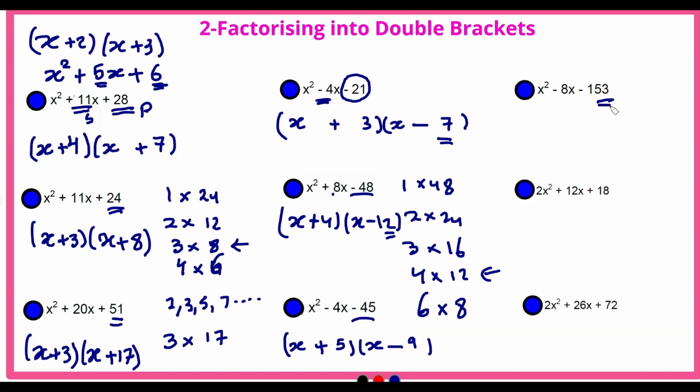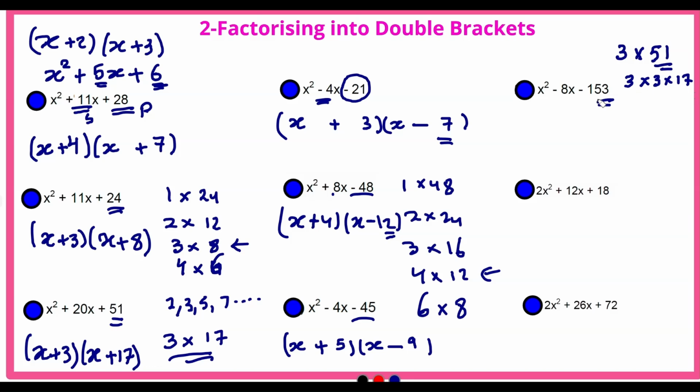This is a very large number. How can I do that? Same thing, I need to use a prime number. If I divide by 2, it's going to give me a decimal. But if I divide by 3, what do you get? You get 51 times 3. Oh, 51 itself, we already found it here. So this is going to be 3 times 17, and drop the 3. So these are prime numbers.